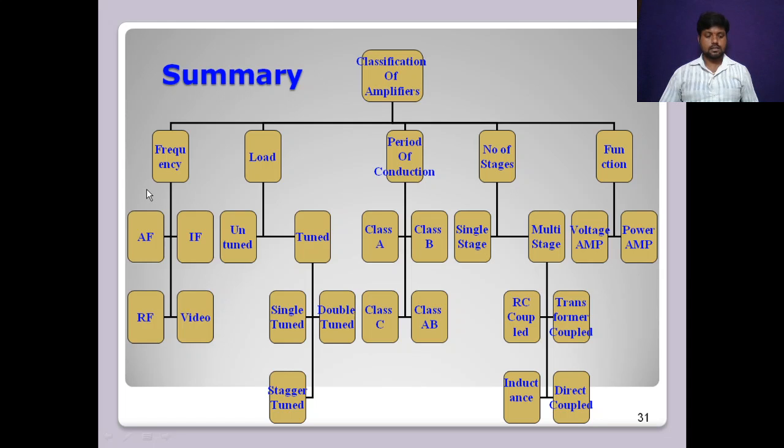Based on the frequency, we have classified the amplifiers into AF and IF, that is, audio frequency, intermediate frequency, radio frequency, and video frequency. Based on the load, there are two types, that is, untuned and tuned. Under the tuned amplifiers, again there are single tuned, double tuned, and stagger tuned.